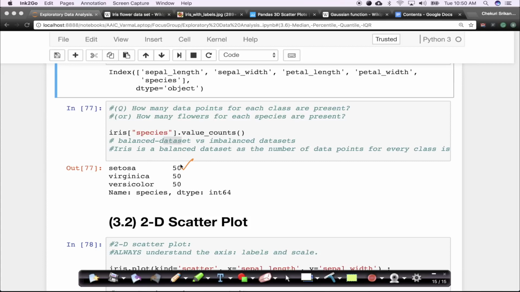Such a data set where you have almost equal number of data points for each of your classes is called a balanced data set. Now you might ask, okay, where do we find imbalanced data sets? Let's take a simple example here. Imagine you're a data scientist working at a hospital, and let's assume the hospital has 10,000 patients, right? For each patient, you have many fields. Let's assume you have field 1, field 2, so on and so forth, field 10.